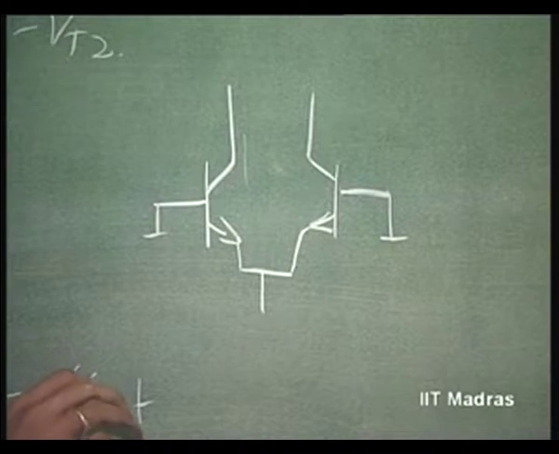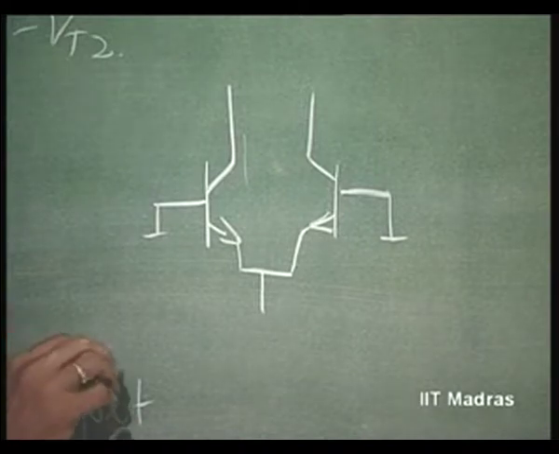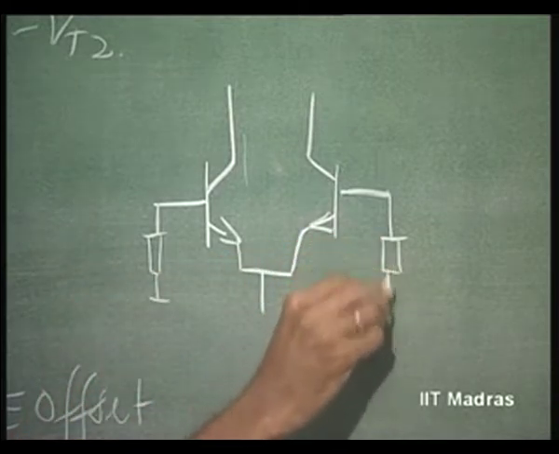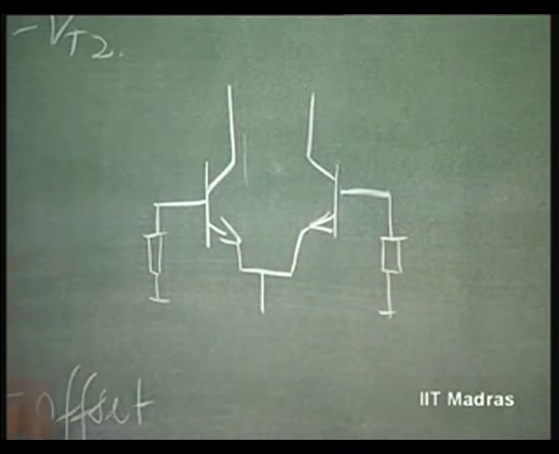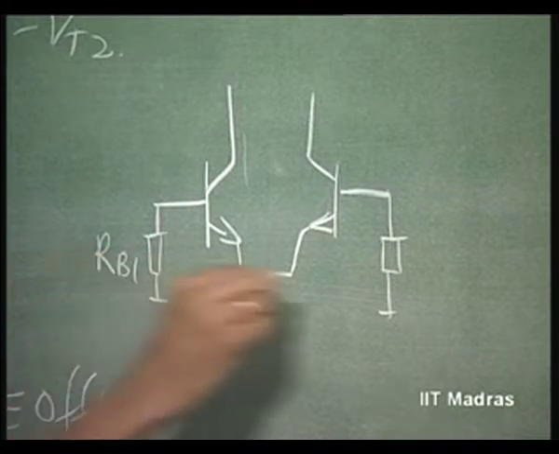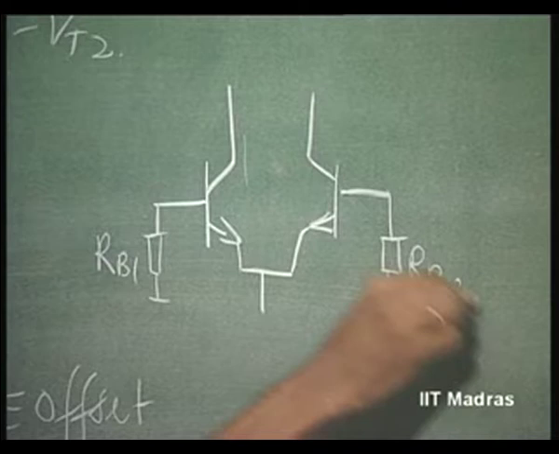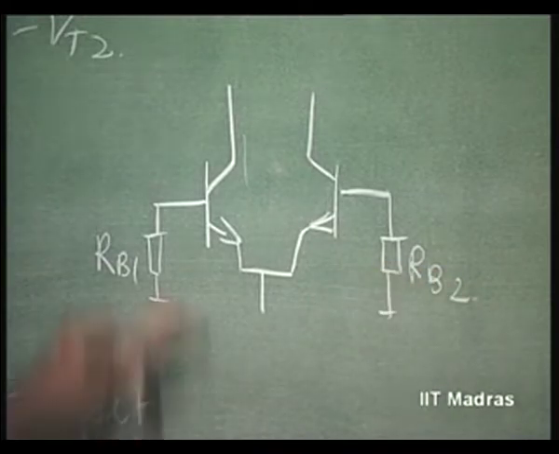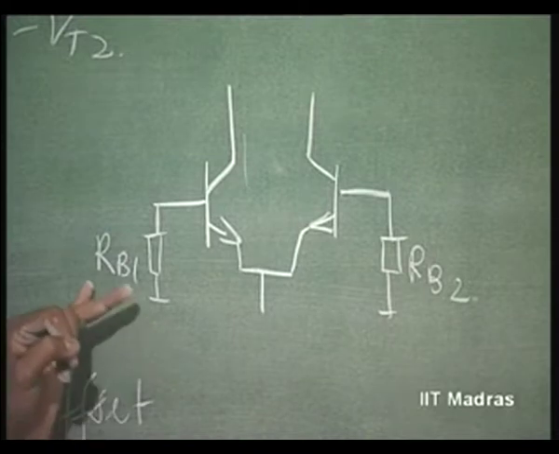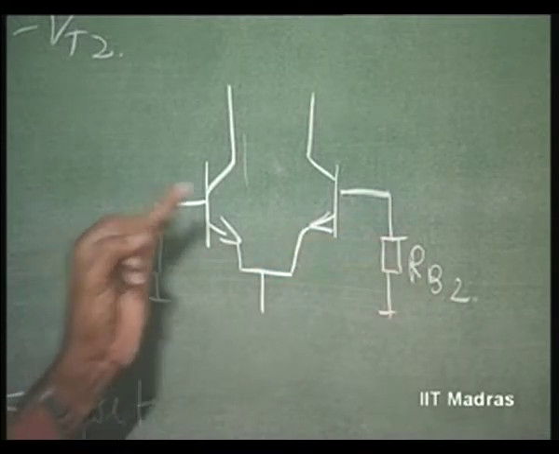Now, apart from this, because of finite base current and finite base resistance, you can have some base resistance, let us say RB1, RB2, in your circuit. That means it is not grounded straight, it is grounded through a DC resistance of RB1 and RB2 through the respective bases.